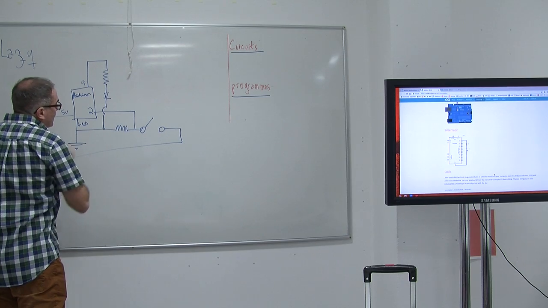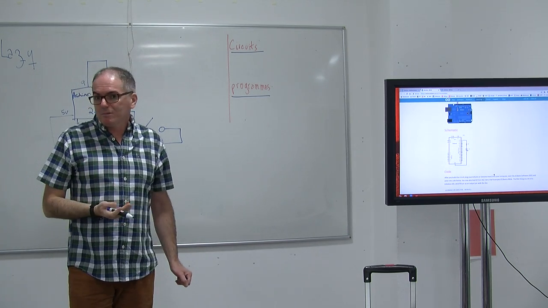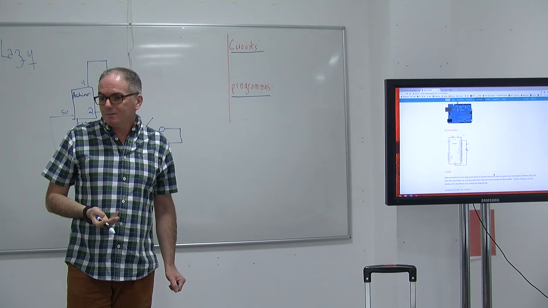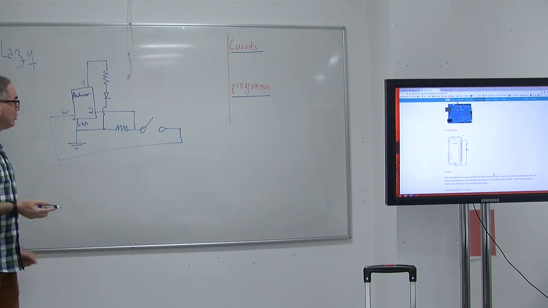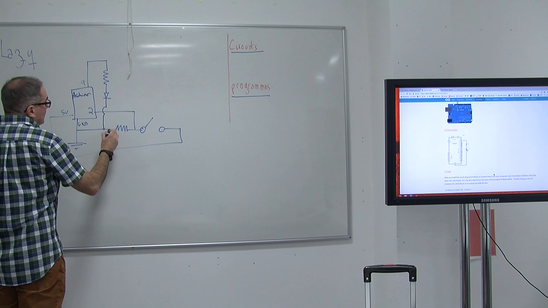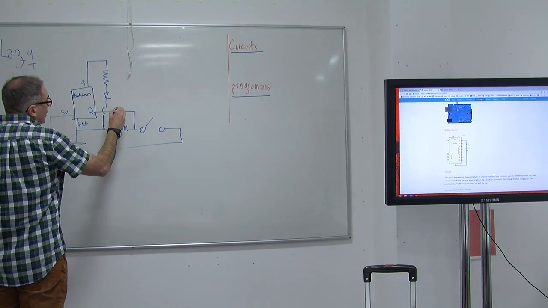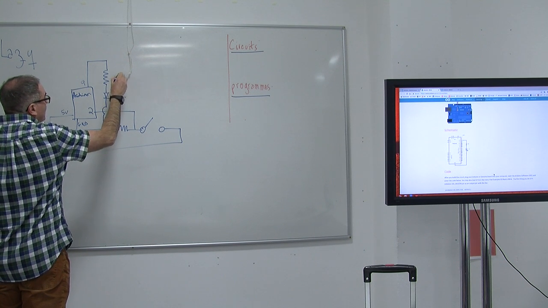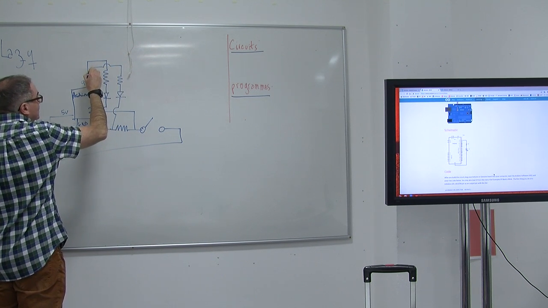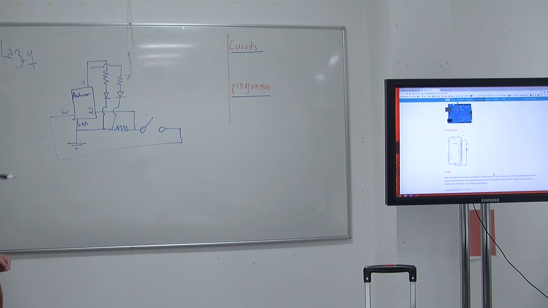Then, because we want 2 LEDs, we're going to add another circuit for another LED. So, same story. We share the ground. We have the LED. We have the resistors. And then which pin did we connect it to? Which one?